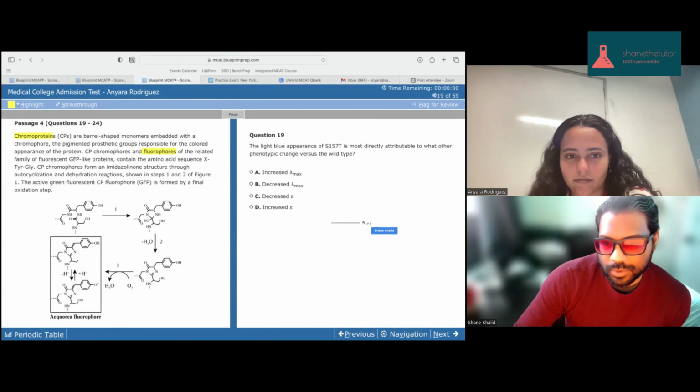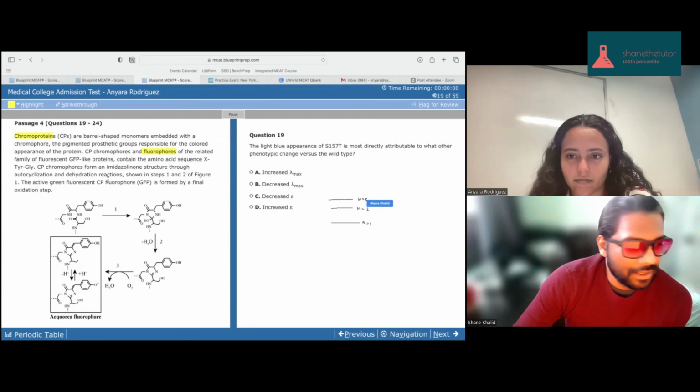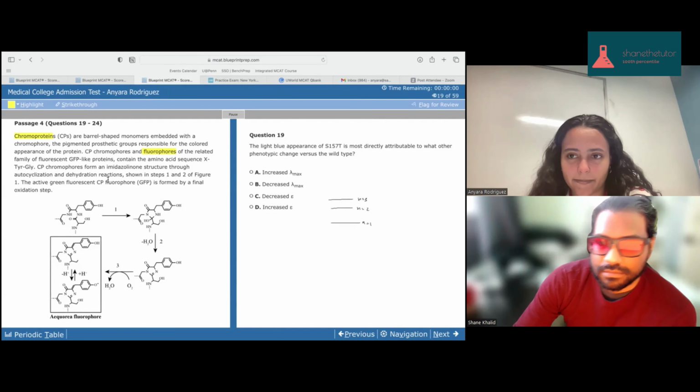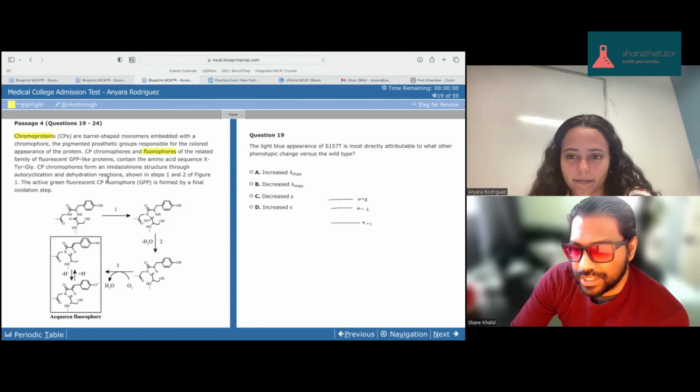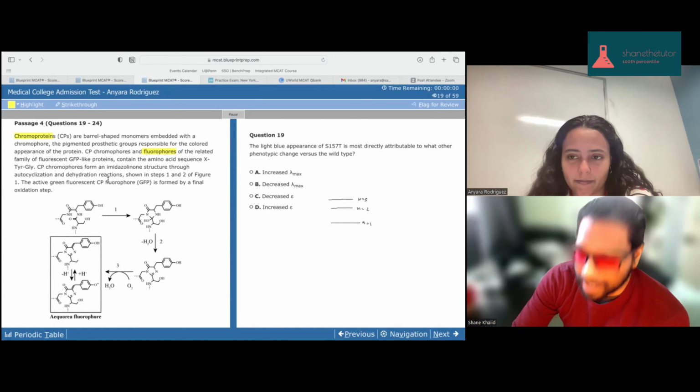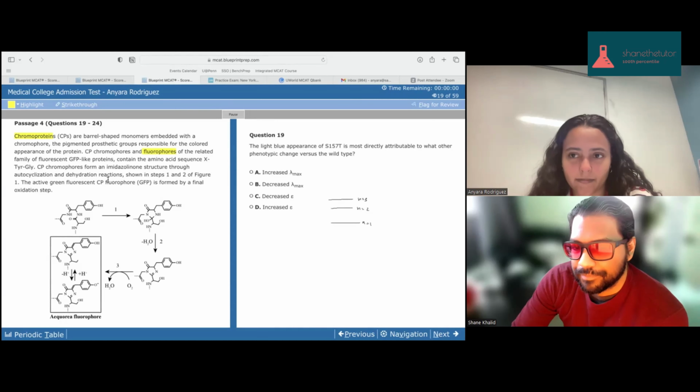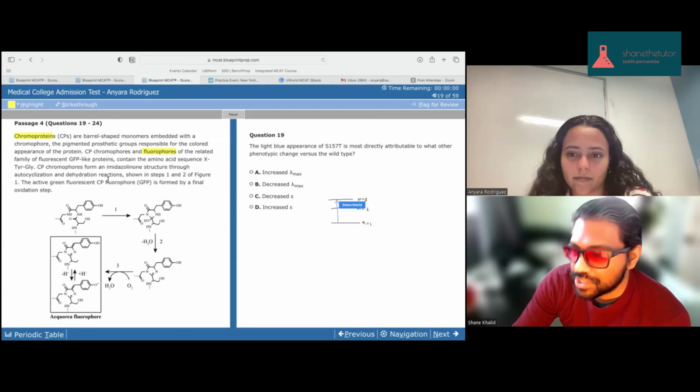So it's like when you have, let's say, n is equal to 1, n is equal to 2, n is equal to 3, and let's say you have a photon that has the energy that can be absorbed and is enough to excite an electron to the n is equal to 3 shell.